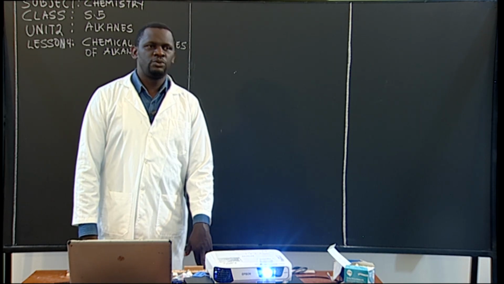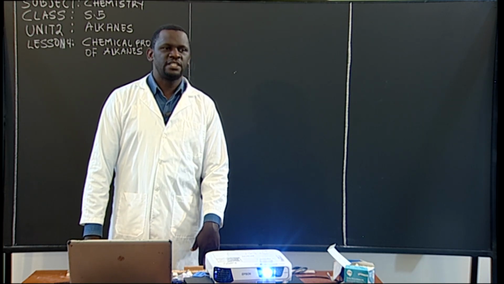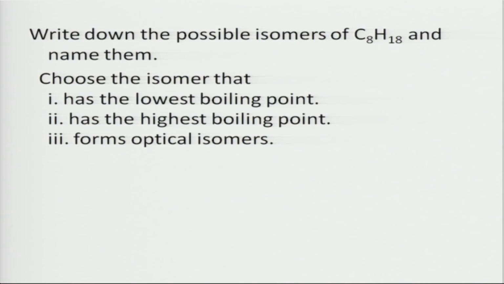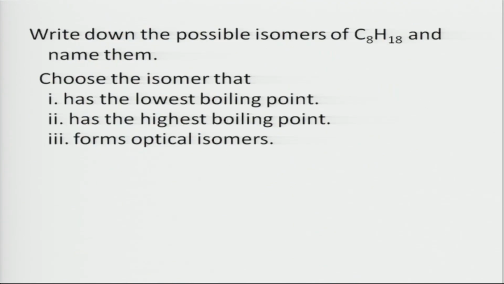Then we also wanted to choose the isomer that has the lowest boiling point, the one that has the highest boiling point, and those isomers which form optical isomers, or isomers which undergo optical isomerism. I had tried to do some of them here. We have very many, about 18. The first question is asking us for the one with the lowest boiling point.